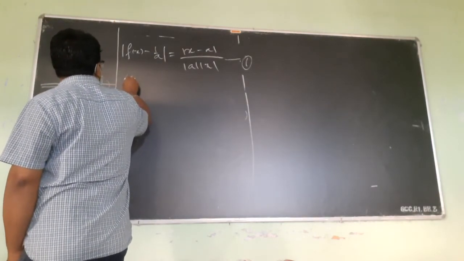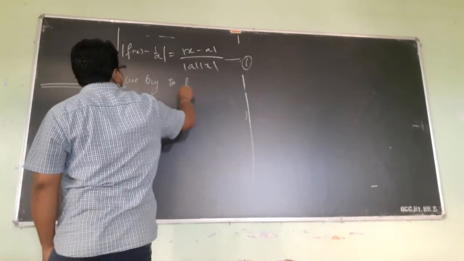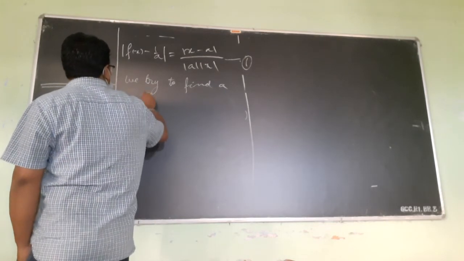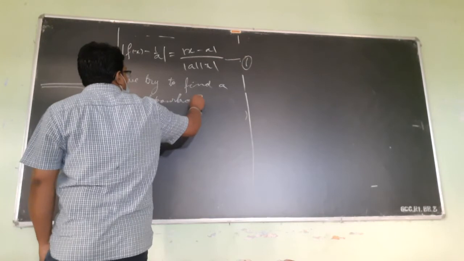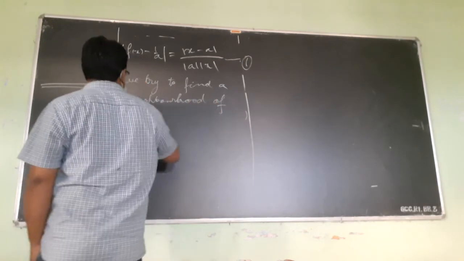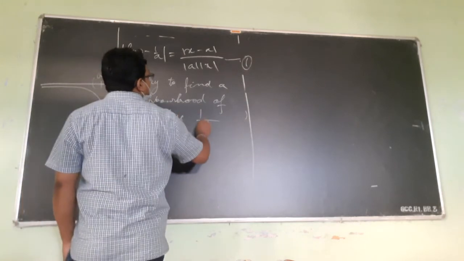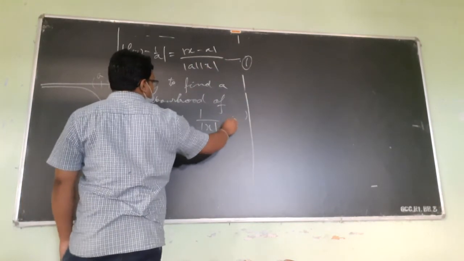Now we try to find a neighborhood of a where 1 by mod x, the disturbing quantity, is bounded.